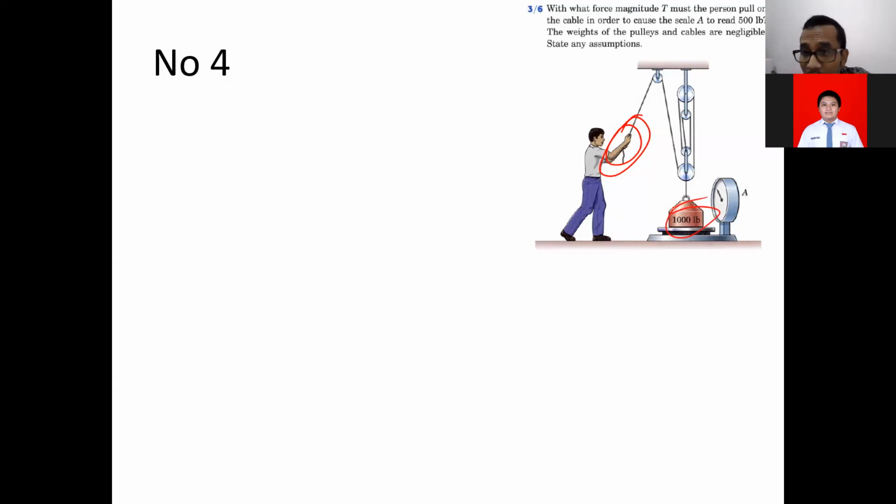So how can we do it that way? Basically, the first thing that we're supposed to draw is the weight itself. The weight is 1000 lbf going downwards.